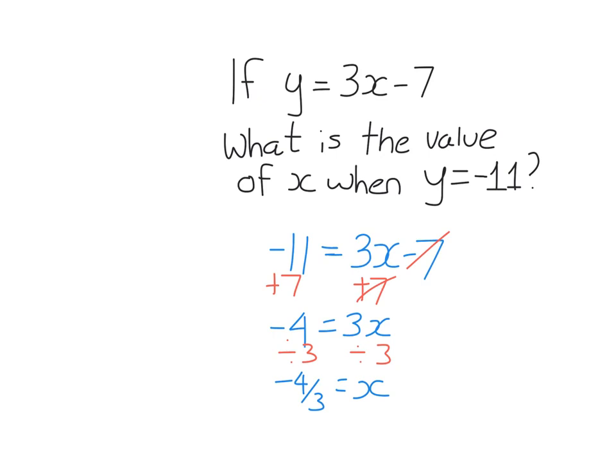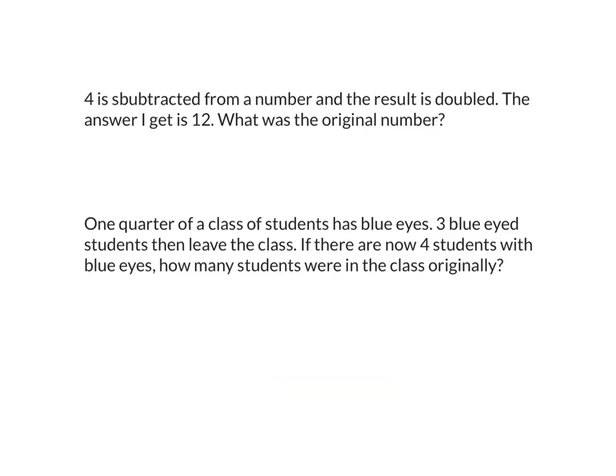Now the very final thing we're going to do is go through worded problems with equations. So now we're going to go through 2 worded problems using equations. One of them's quite easy, one of them is quite hard. Whether it's easy or hard, we're going to follow the same process. So when you're solving worded problems using equations, you always start by defining a variable.